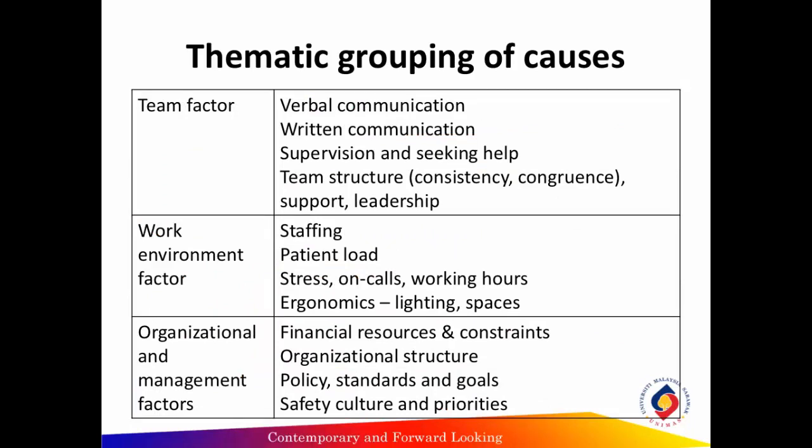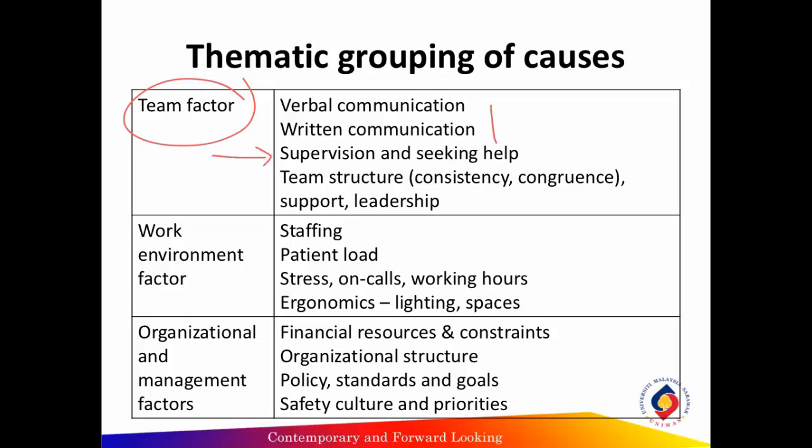The fourth group of factors in the London Protocols refers to team factors or teamwork factors, and these include communication, verbal and written communication among the various staff or various hierarchy of staff in a team.